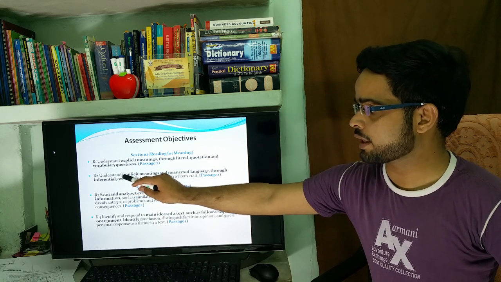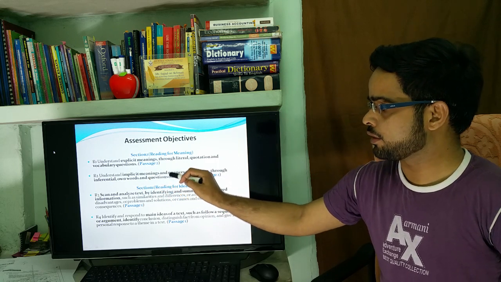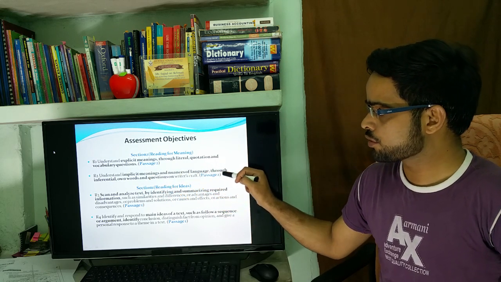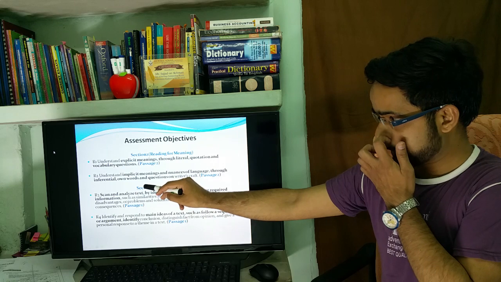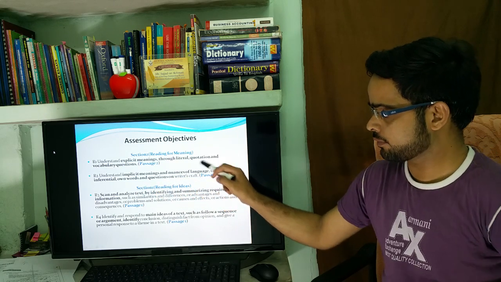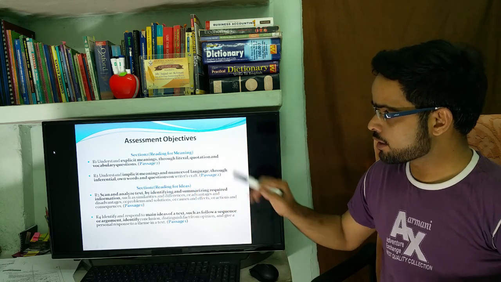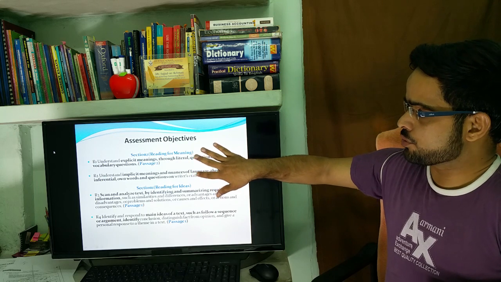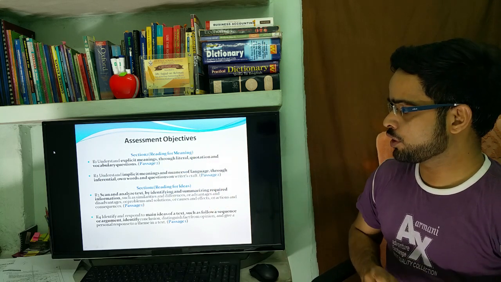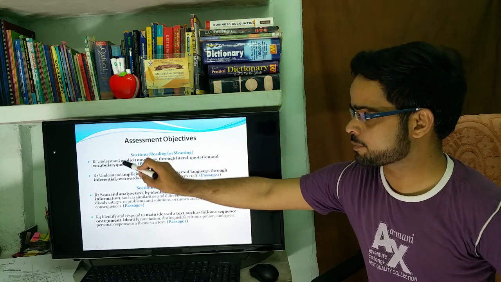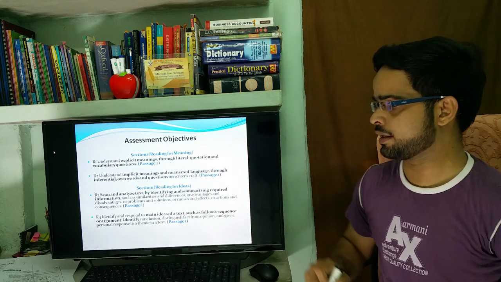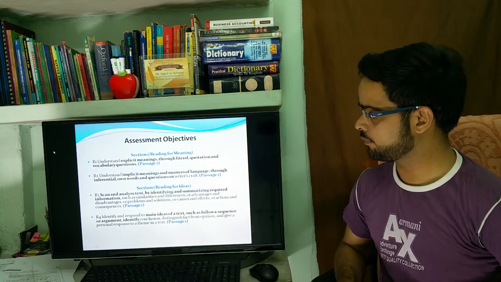You need to understand implicit meanings and nuance of language through inferential, own words and questions on writer's craft. So, in section 2, which is passage 2, you need to understand explicit and implicit meanings. We'll talk about it later.